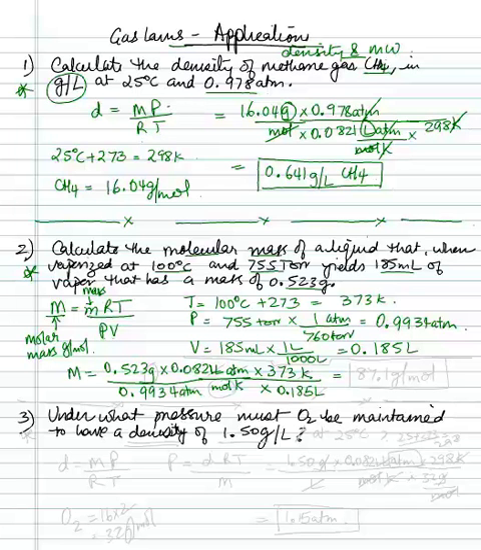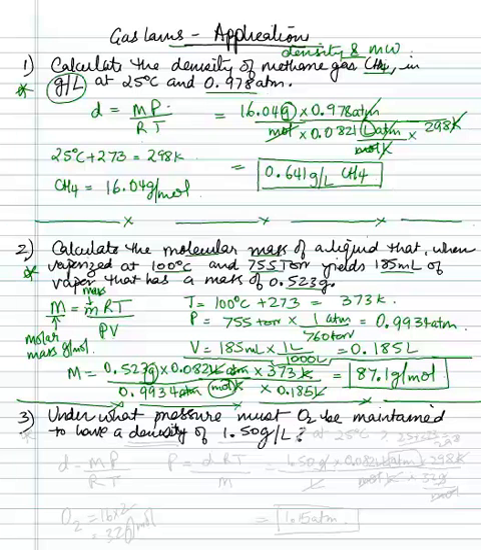Let's cross out the units. Atmosphere, and then Kelvin is gone, liters is gone, and we are left with grams per mole. So we're on the right track over here. And the answer for this one after the calculation is 87.1 grams per mole. So that's our final answer.